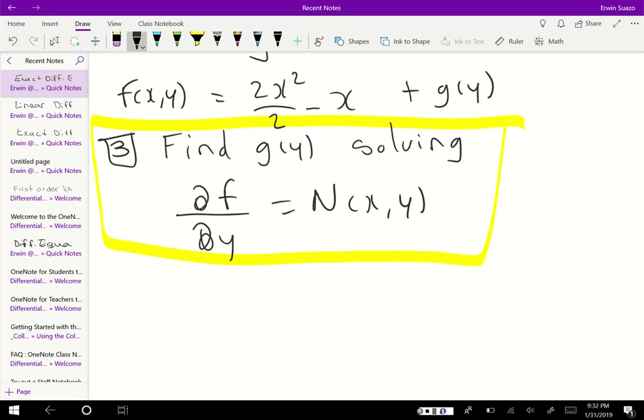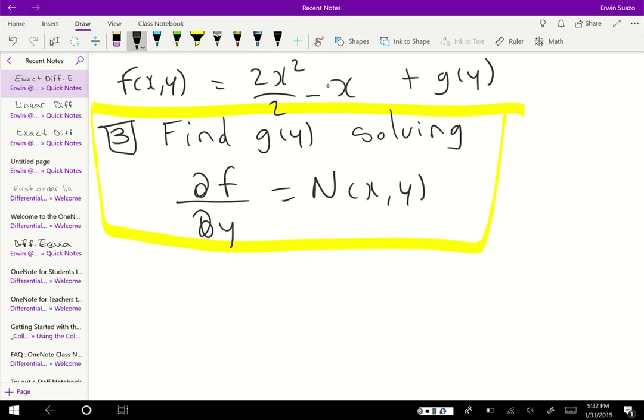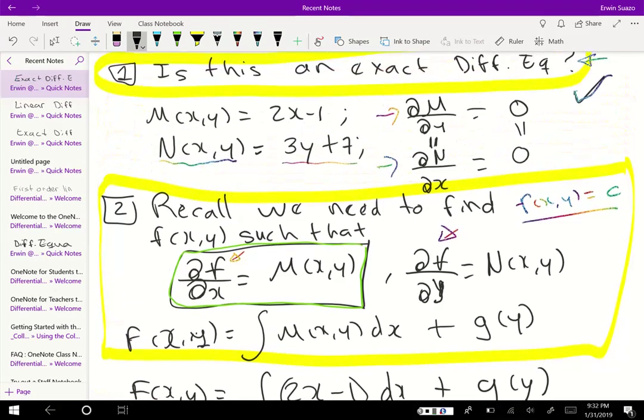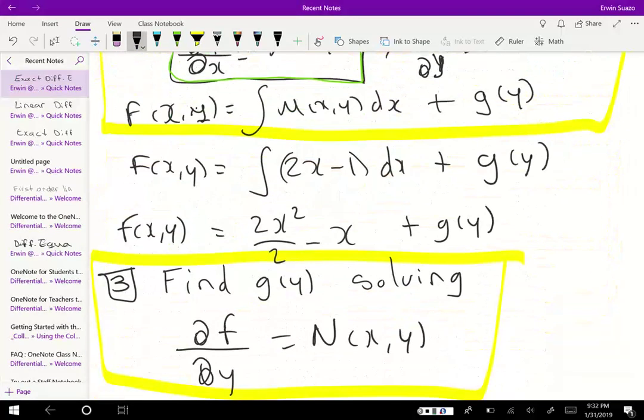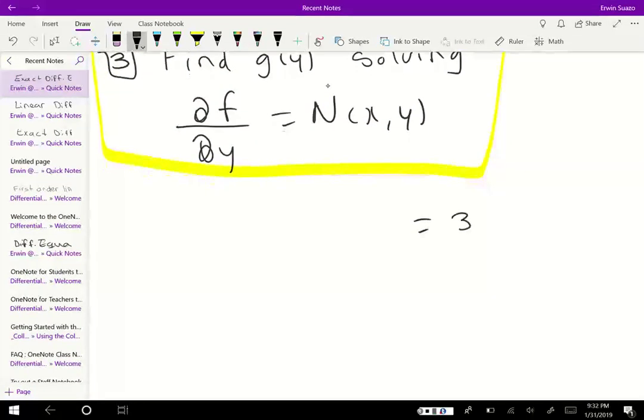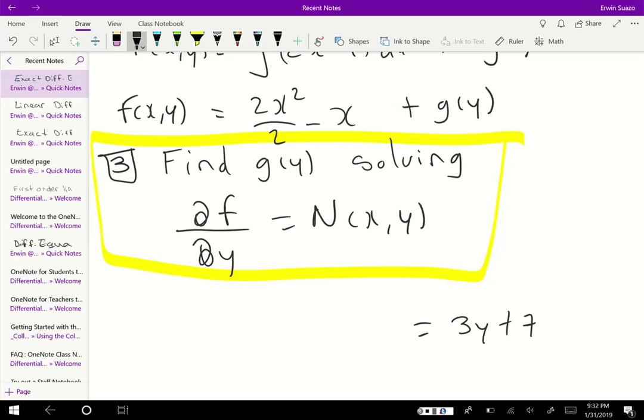For one side, I have N of x,y, which I wrote here as 3y plus 7. On the other side, I need to find the derivative of f with respect to y. But look at this one, this is my candidate for the solution.